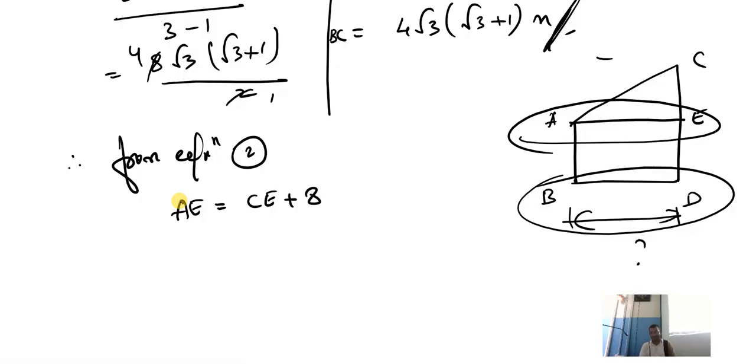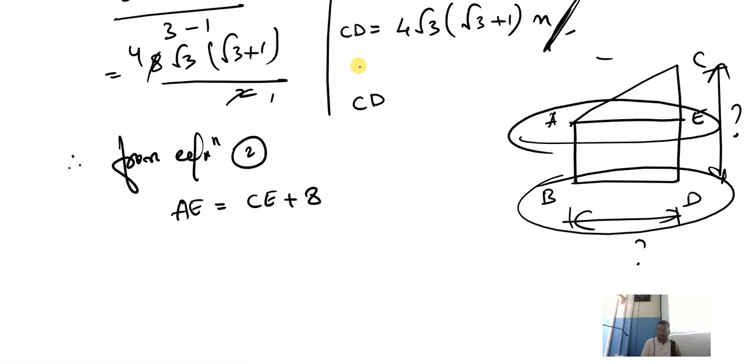But sir, CE plus 8, then what is CE? Hey, we didn't find CE yet. Which value did we find now? CD. We found the height of the multi-storied building, no? That is the CD value we found.